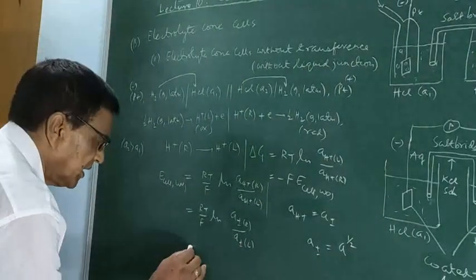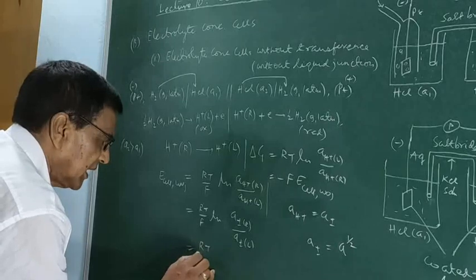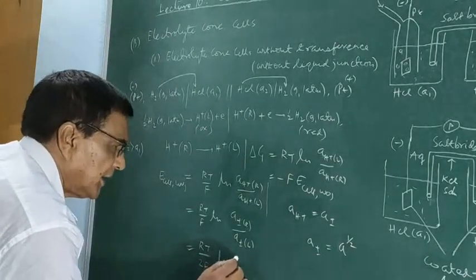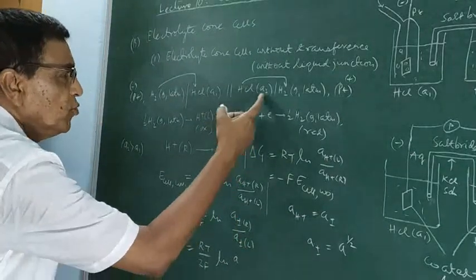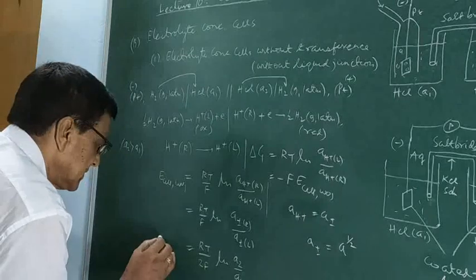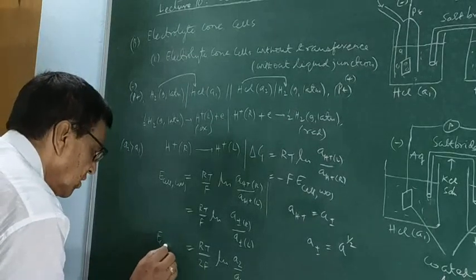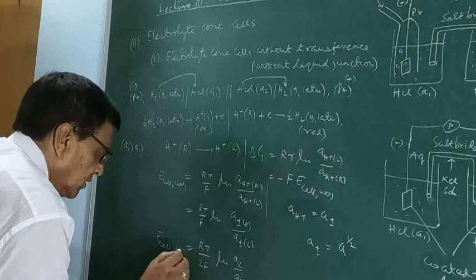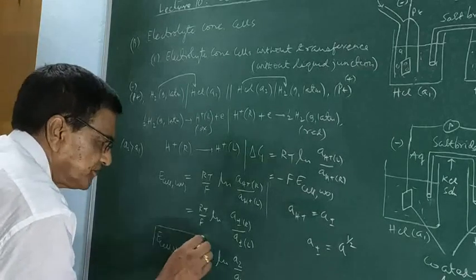So it would be equal to RT over 2F times ln of A2 by A1, and this is the potential or EMF of the cell without liquid junction.